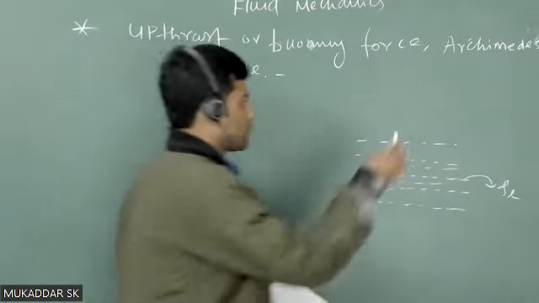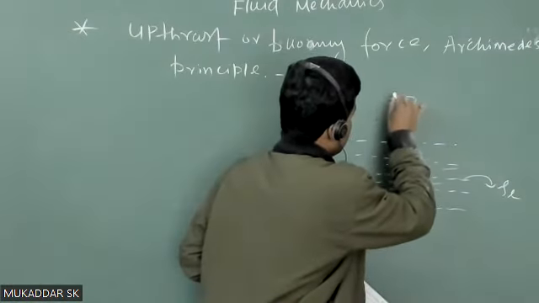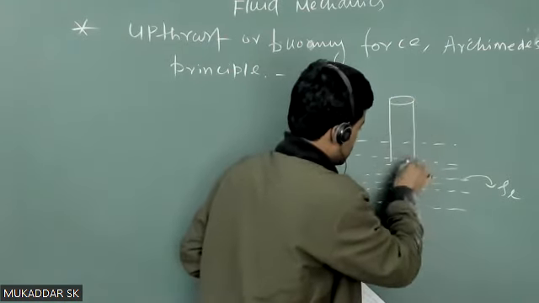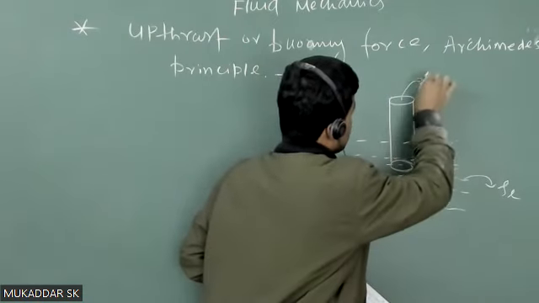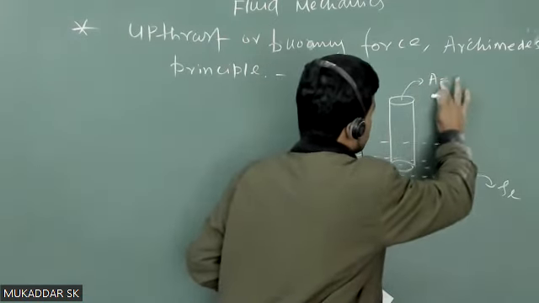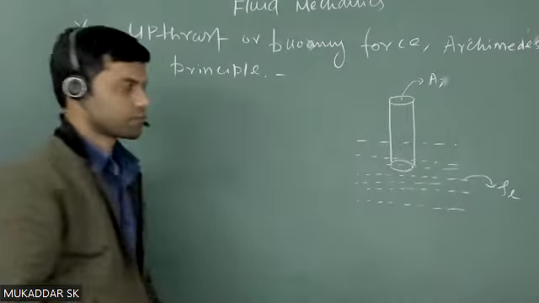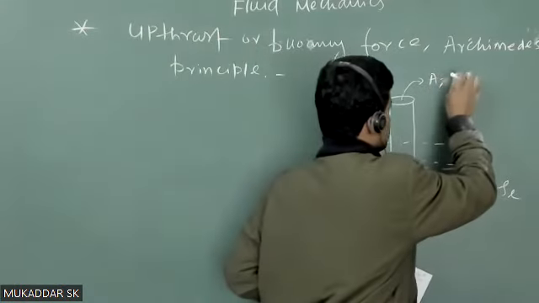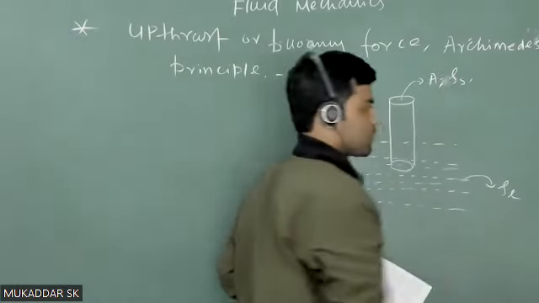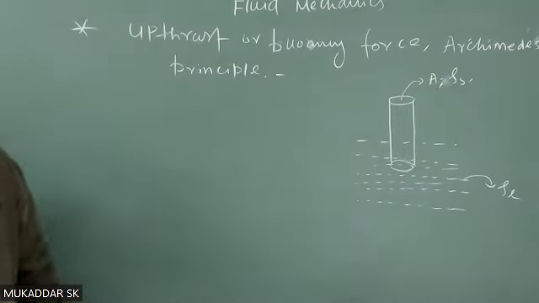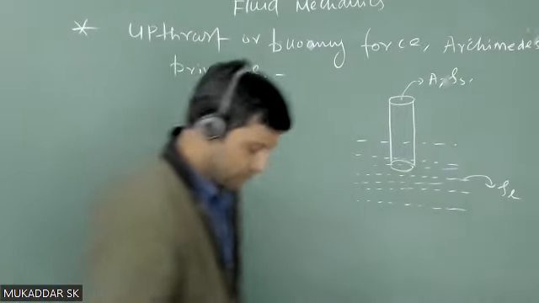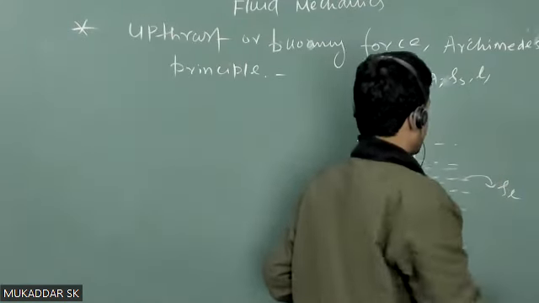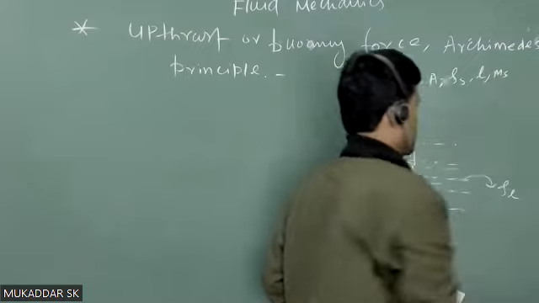For the sake of convenience, let us take a solid having cylindrical shape. A is the surface area of this cylinder, rho S is the density of this cylindrical solid, L is the total length of this cylinder, and ms is the mass of this cylinder.